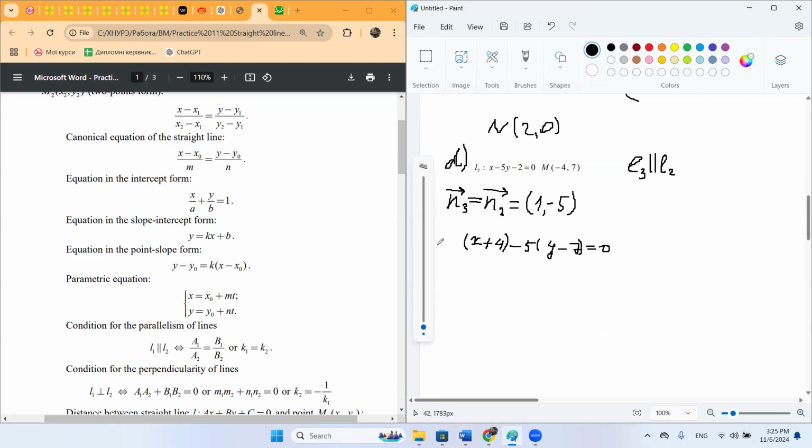Yeah, but also it would be nice to expand brackets. So x minus 5y plus 39 equals 0. Any questions about this point?